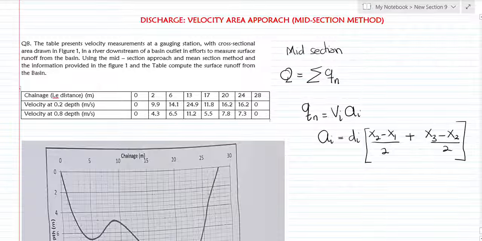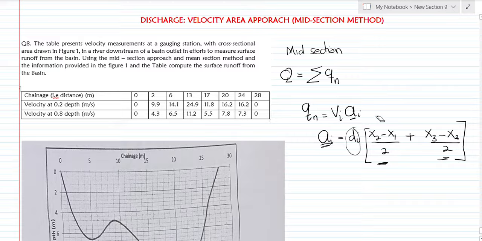So we have to generate the midsection distance, then multiply it by the depth at the midsection. That will give us the area. Then we multiply the area by the midsection velocity.